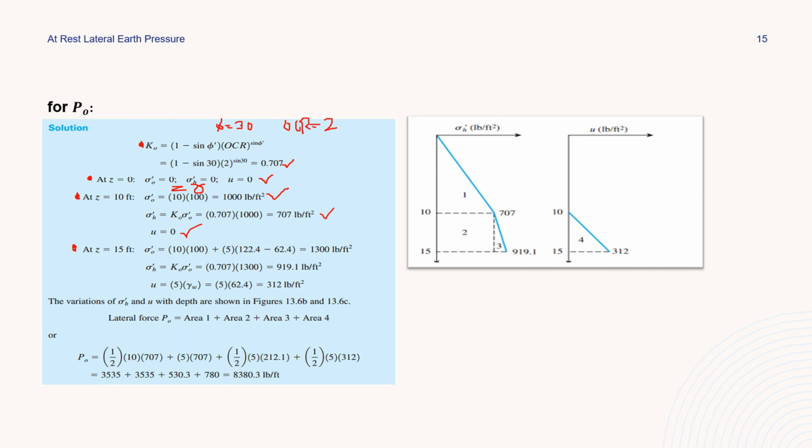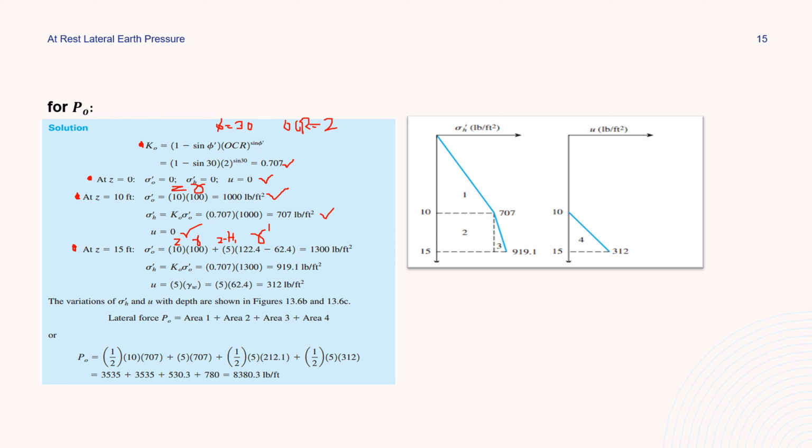meaning it is saturated. So from the formula, it is Z times the dry unit weight, plus the distance from the groundwater table below to the point of interest times the effective unit weight of the soil, or gamma prime.